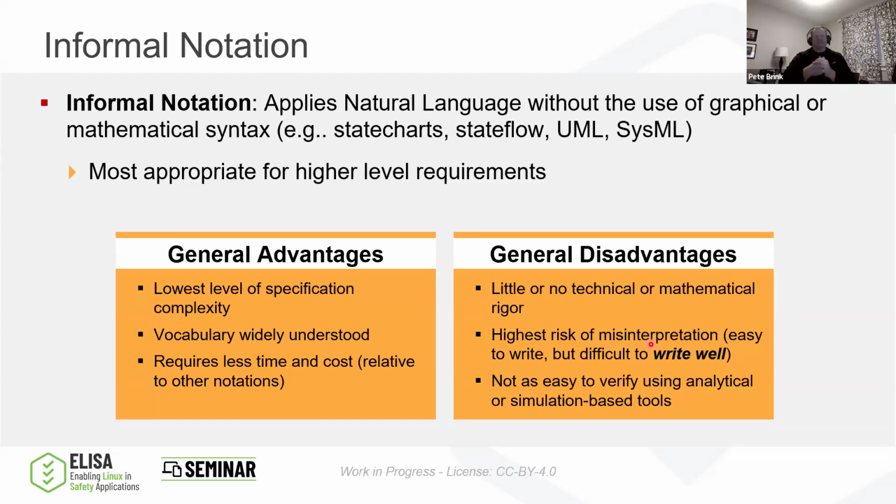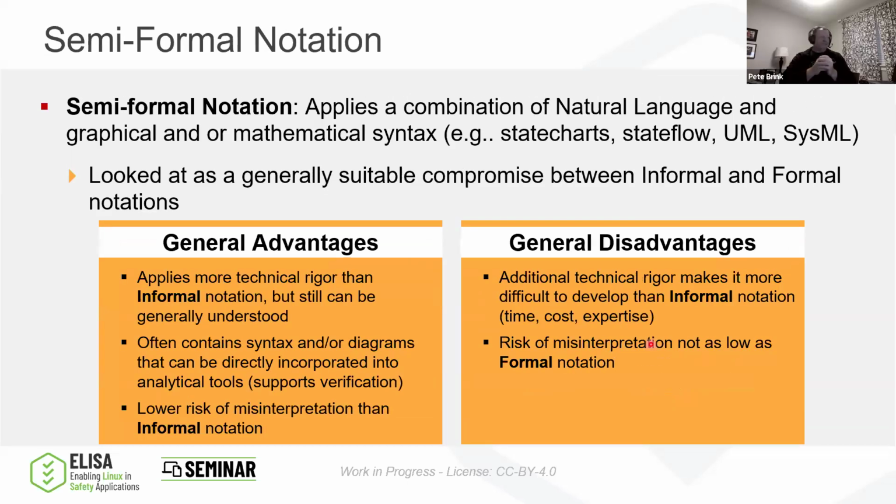So then there's a thing called semi-formal notation, where we enhance the natural language by using diagrams. It provides additional material to provide context for what the requirement is intending to fulfill. So with the additional rigor, the advantage is that it's less prone to misinterpretation.